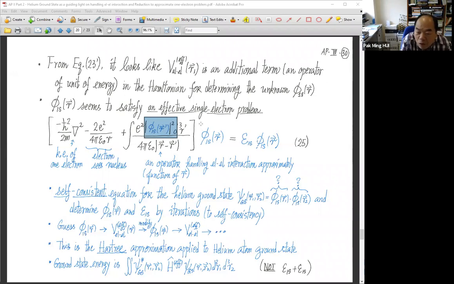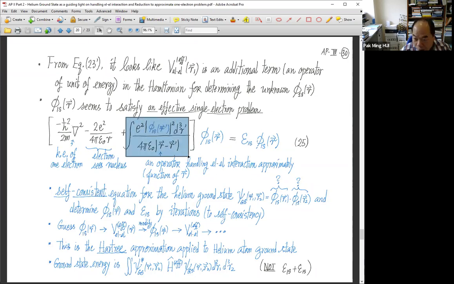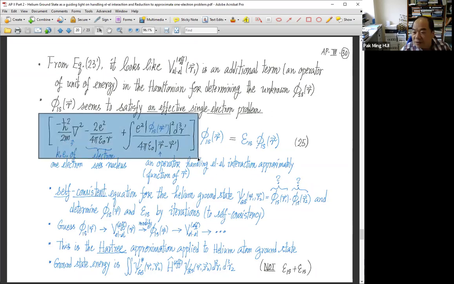You may make a first educated guess for a good 1s state for helium. For example, you take the hydrogen-like, the unperturbed one. You put it here. Probably you should put in some parameter to adjust. You assume something, you plug into here. Therefore, you can create this operator. Thereby, you have this part.